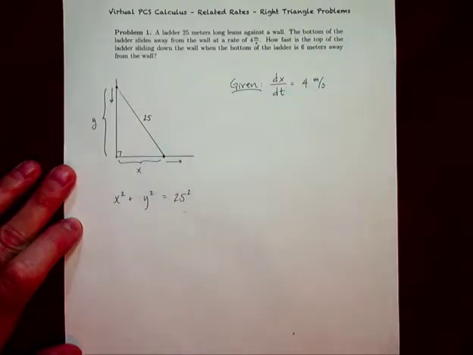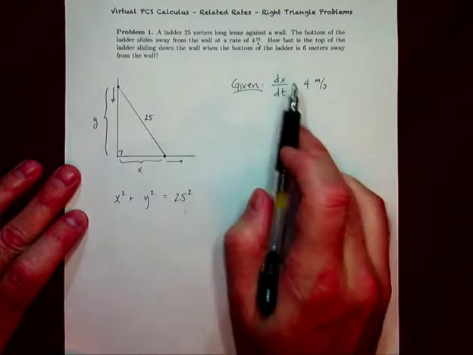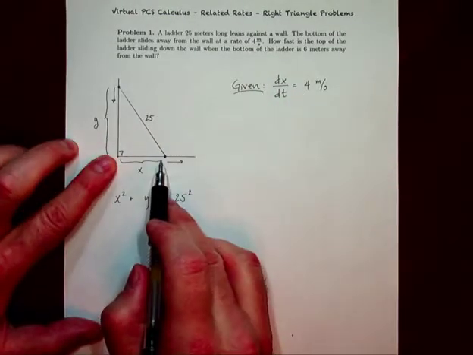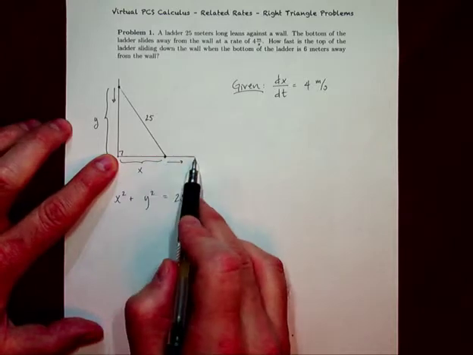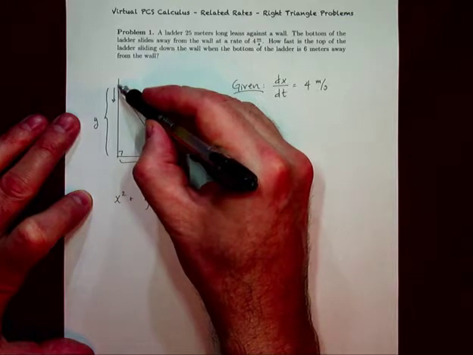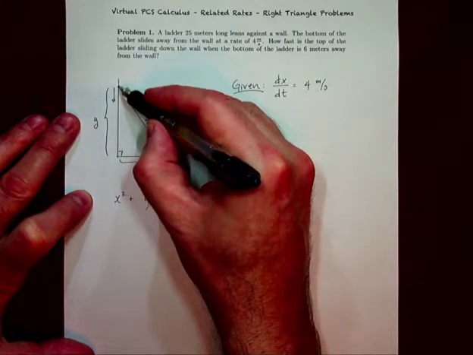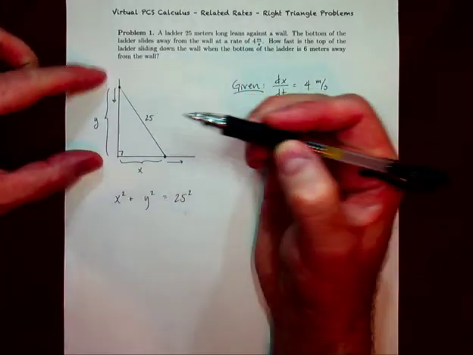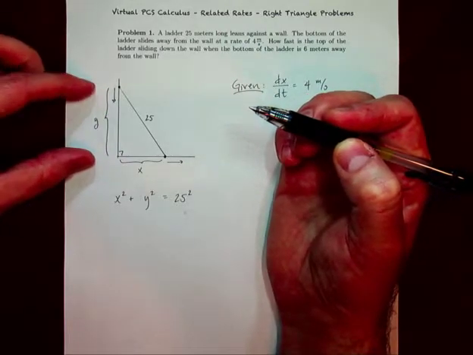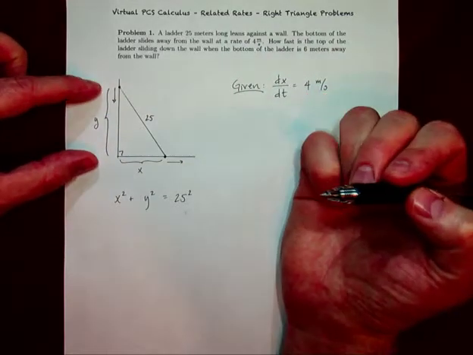Now we need to be careful because 4 meters per second is positive here because it is making x larger, right? If they had instead given us how fast the top of the ladder was sliding down the wall, it would have given us the rate at which y was shrinking, and therefore it would have been a negative number.